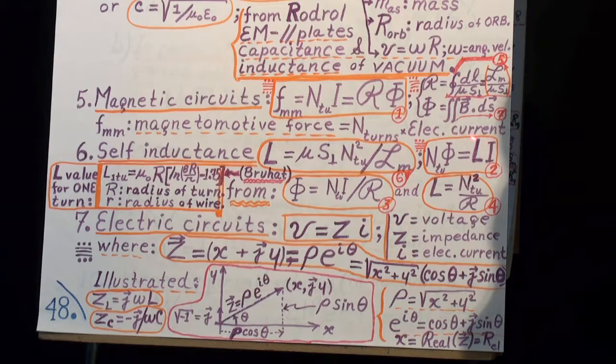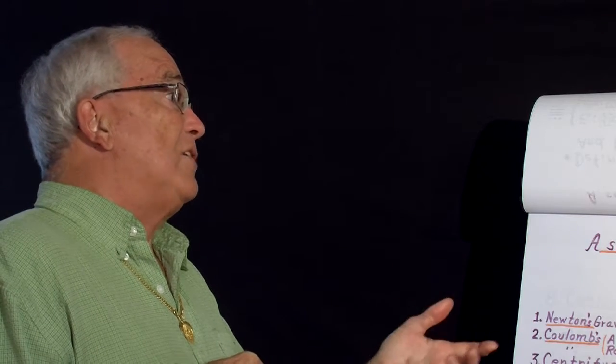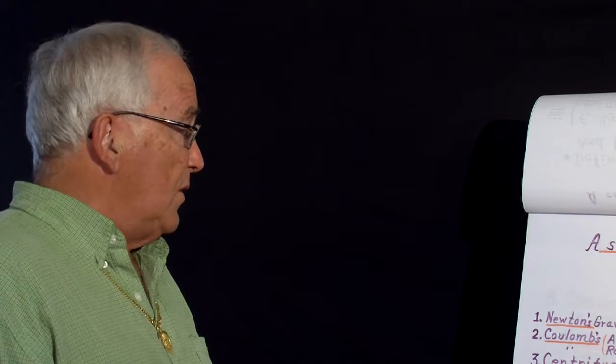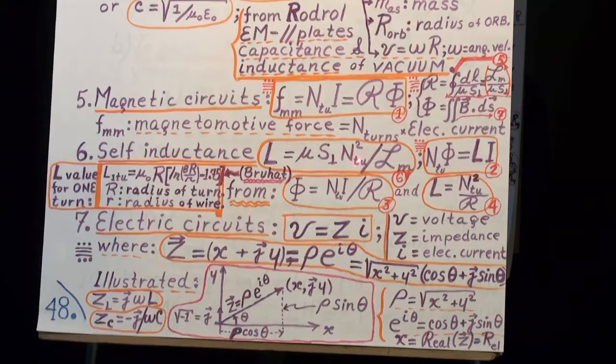But what is the value of this inductance physically? It's the magnetic permeability, the cross-section of the circuit, let's say in a metal electromagnet, here is a cross-section of the circuit, okay? So that's the S perpendicular, number of turns squared, divided by the length of the circuit.